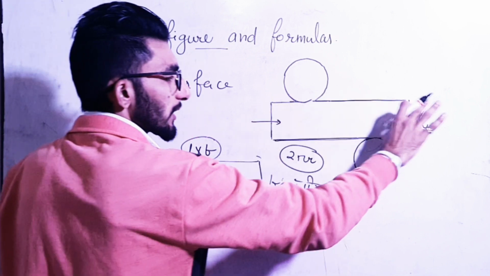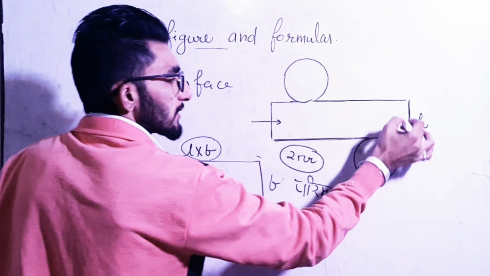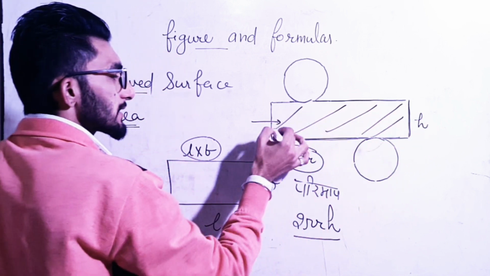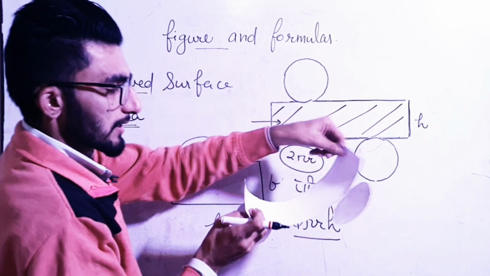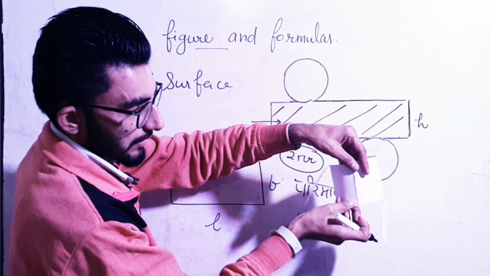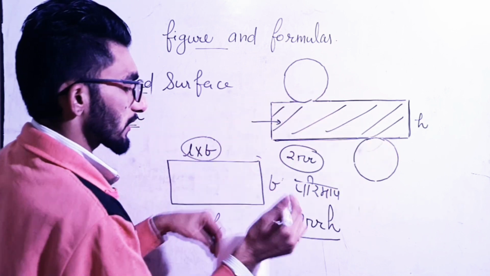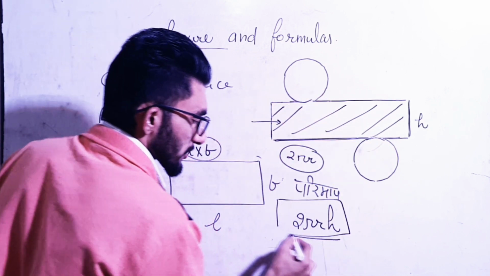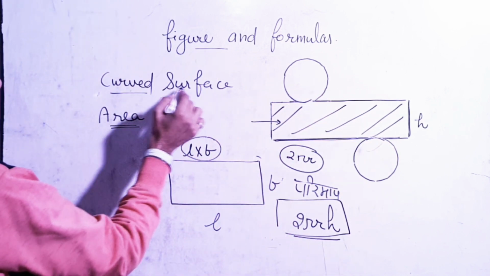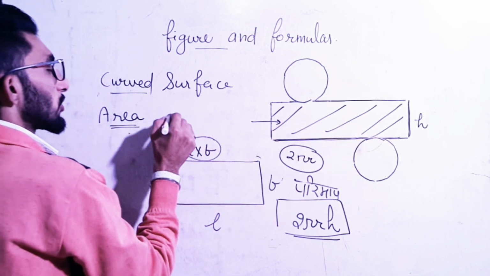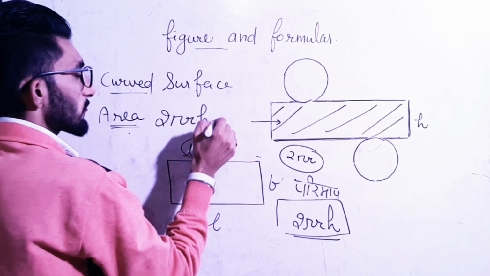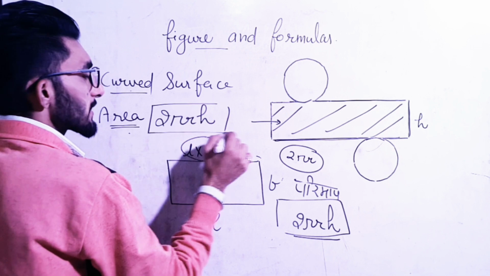So this is the formula to find surface area of this curved part. ठीक है. Surface area of this curved part. So this is the curved part of this cylinder. So surface area is 2 pi rh. ठीक है. So curved surface area of this cylinder is 2 pi rh. So this is the first formula of this cylinder.